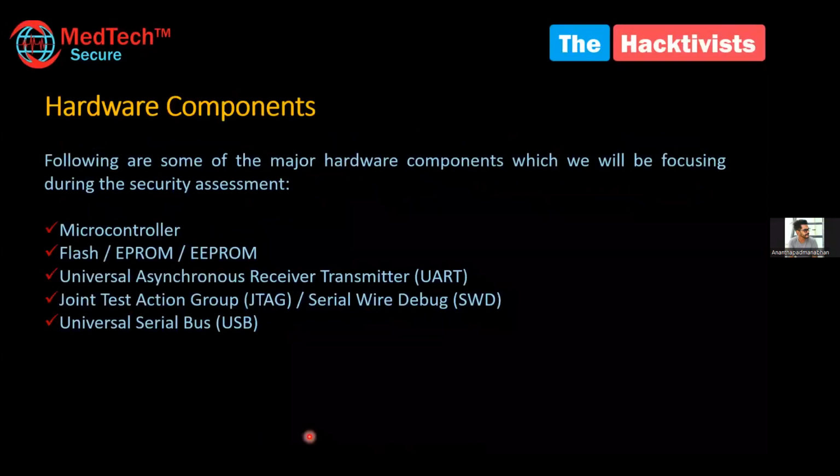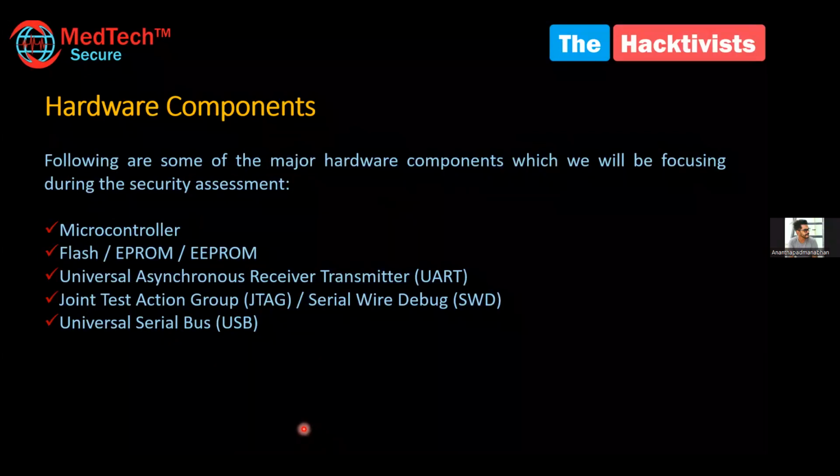And regarding the components, when we look at a hardware component, actually there can be a lot of components within a hardware device. So we won't be looking at each and everything. From the security perspective, we'll be mainly focusing on a few among an enormous number of components.